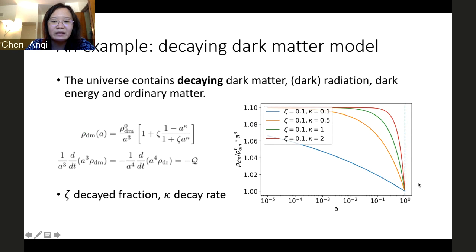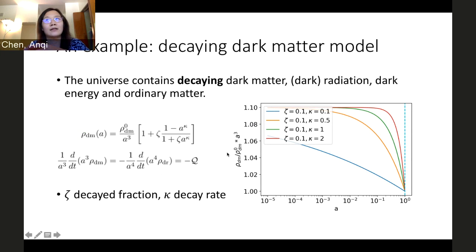If it's cold dark matter, it would be a flat line at 1. The comoving density, defined as basically the density times scale factor cubed, is constant for cold dark matter. In this decaying dark matter model, the density of the dark matter decays. And the second equation tells you all this decayed energy density is transferred into dark radiation.